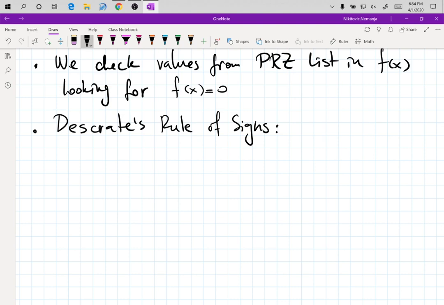And technically, the number of sign changes is equal to the number or less of the roots that you might have. Positive roots.